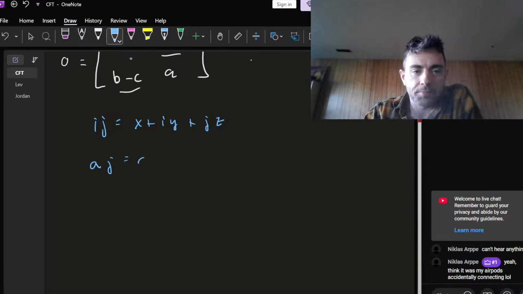What does that tell us? Well, that tells us that a is a square in the field. But this is a contradiction because remember that we specifically chose a to live outside of here.